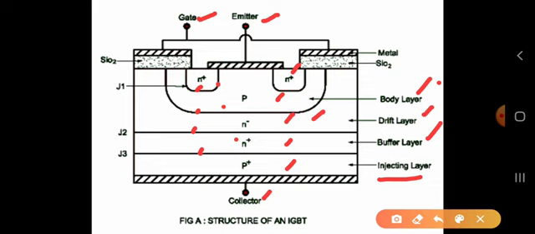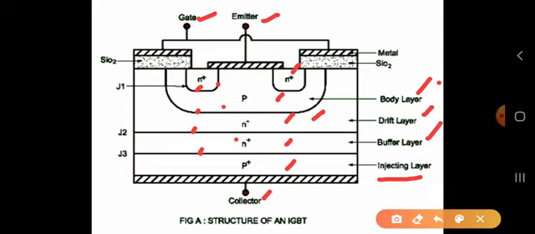You observe here P without any plus or minus symbol, so that layer is moderately doped, with a doping intensity of 10 raised to 16 per centimeter cube. And the N minus drift region is lightly doped. You know minus indicates light doping, with a doping intensity of 10 raised to 14 per centimeter cube.